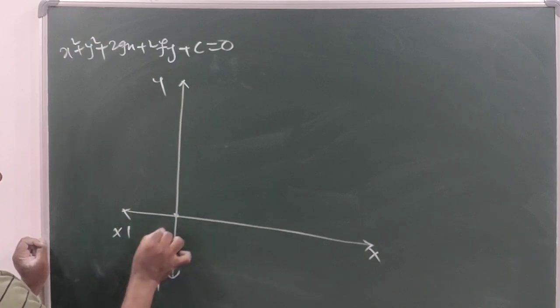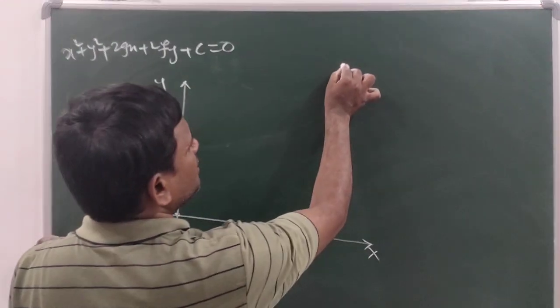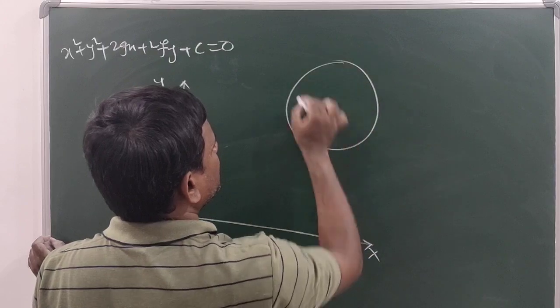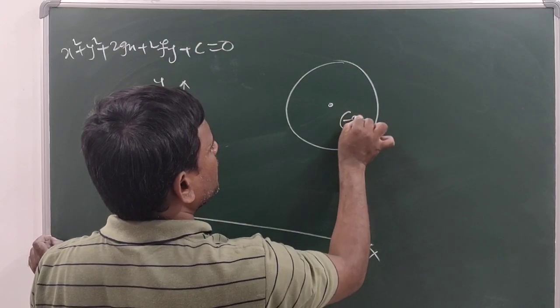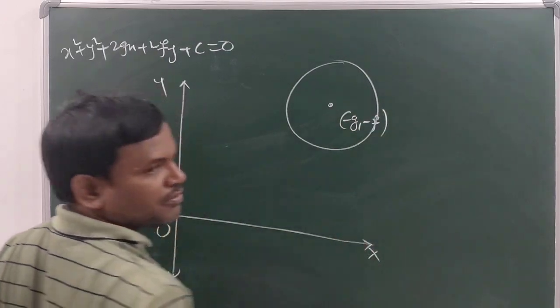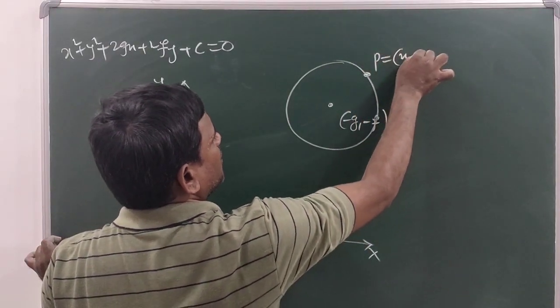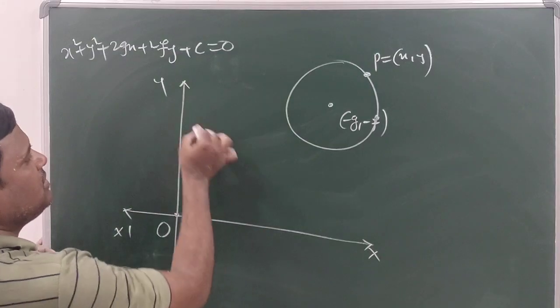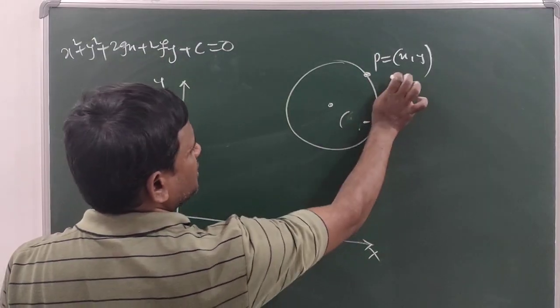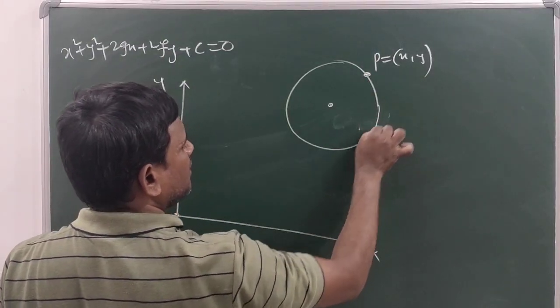This is origin. Now take the rough diagram over here, whose center is minus g comma minus f. Now identify a point P over here, x comma y. Let us take the center of the circle to be h comma k.